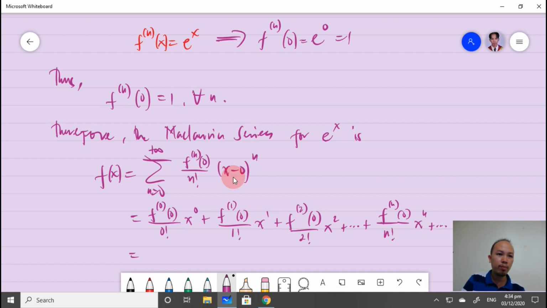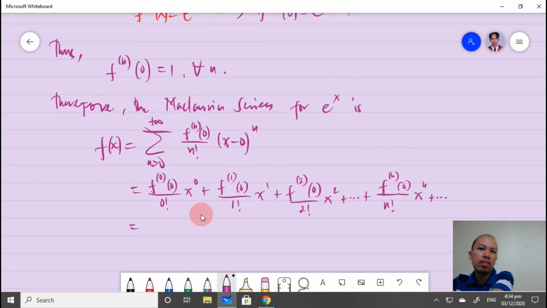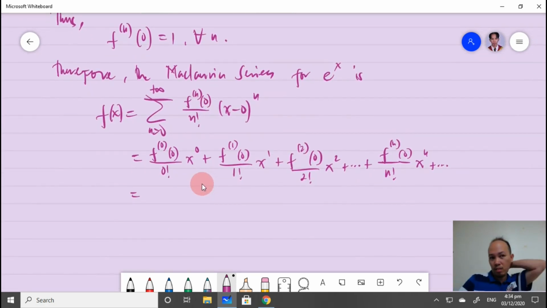Substituting, each derivative is 1, so we have 1 over 0 factorial, which is 1, plus 1 over 1 factorial x, plus 1 over 2 factorial x squared, and so on, plus 1 over n factorial x to the n, plus so on.